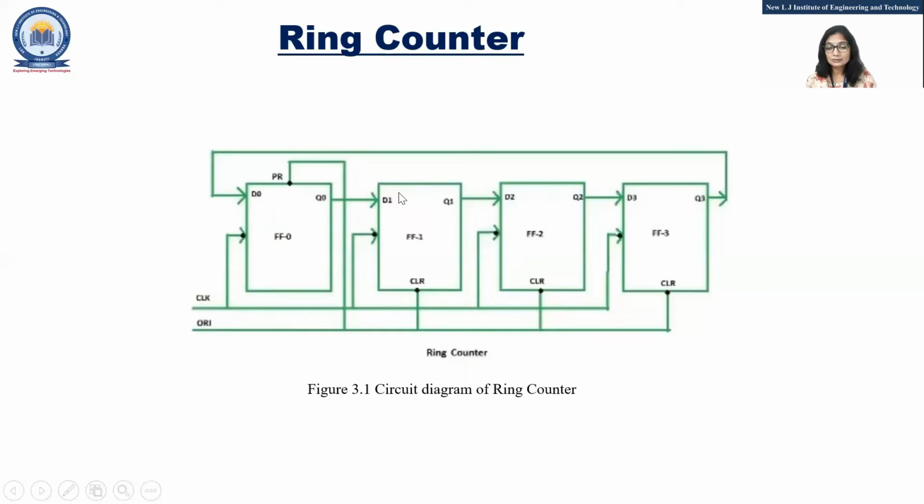Now this Q0 I am shifting here. I am using shift register configuration here. So this Q0, that is 1, shifted to next flip-flop. I am talking about second clock pulse now. So this 1 is shifted to D1. Then this is a delay flip-flop. So if D1 is 1, Q1 is also 1. So initially the output will be 1000. Then 1 is shifted here.